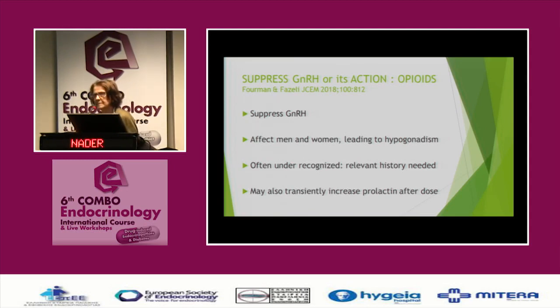You have no idea how many times I've picked up an opioid-induced functional hypothalamic amenorrhea, effectively, but induced by a drug, just by asking the right question. And if I'm not sure what the amenorrhea is due to, I always ask that question. And opioids may also transiently, after the dose, increase prolactin, as Dr. Nader-Eftekhari also mentioned to you in the talk yesterday.